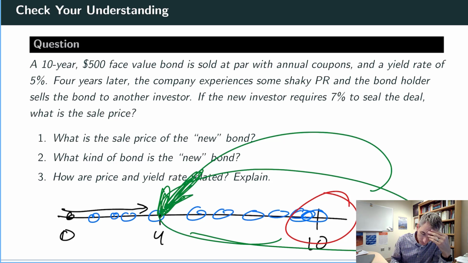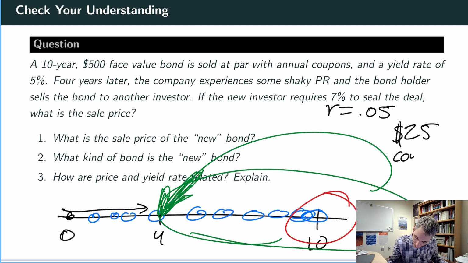Now the other thing is, they told you it was a par bond, and they told you it was 5% with annual coupons, which means the coupon rate is also 5%. R is 0.05 on the annual. So that means if it's a $500 face value bond with 5% coupons, then we should be able to do $500 times 0.05 and get $25 coupons. Okay? So we know what the coupons are.